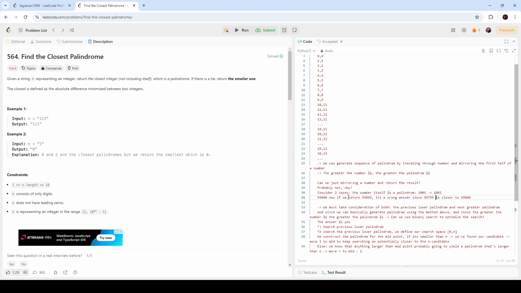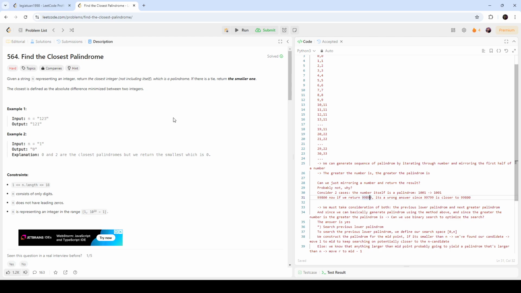Another case is this one. If we mirror it and return it, it is a wrong answer. Why? Because there's a palindrome, 99799, which is closer to 99800 than this one.